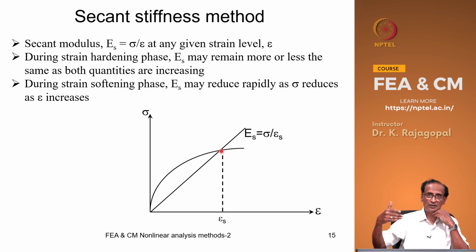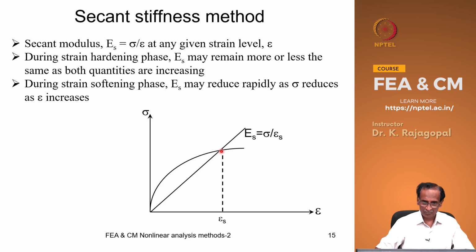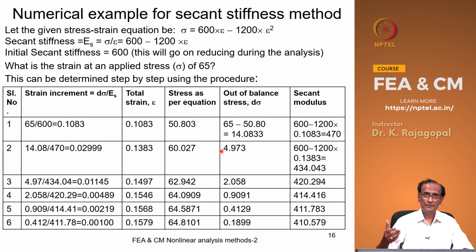So, in that case our tangent modulus or the secant modulus will fall rapidly, and in a way the secant modulus method is more stable for strain softening type problems.